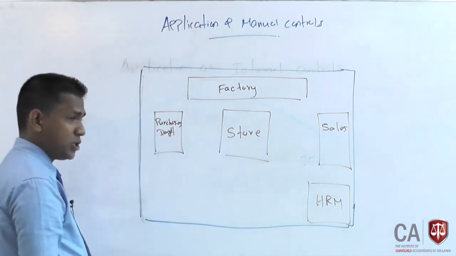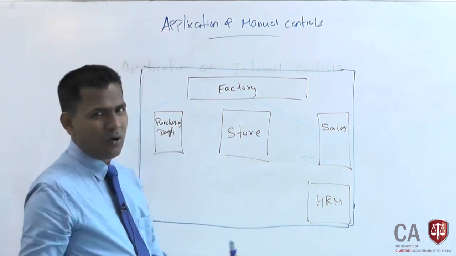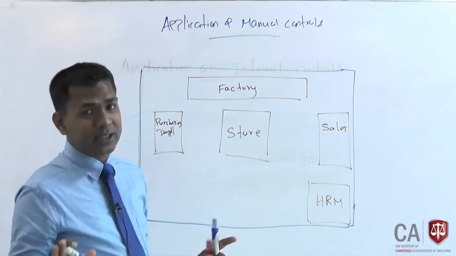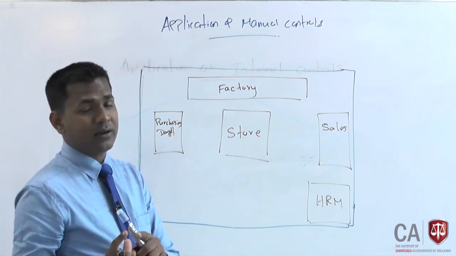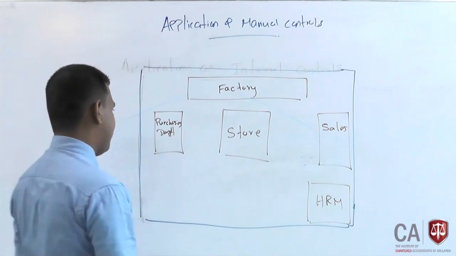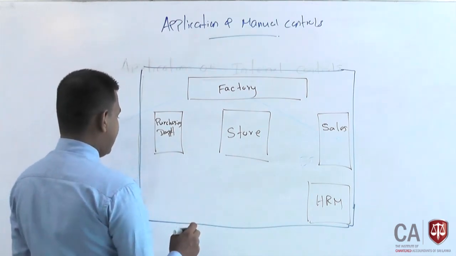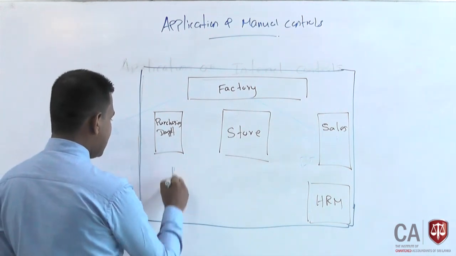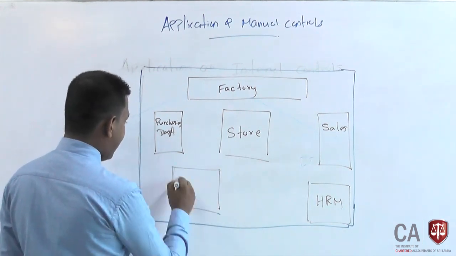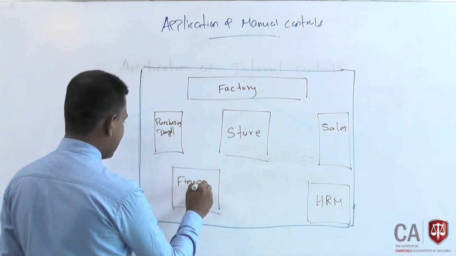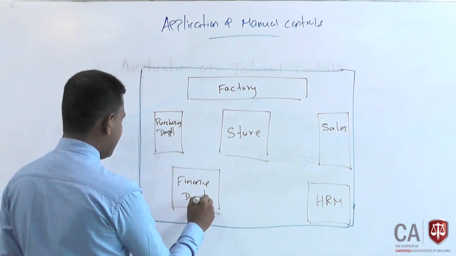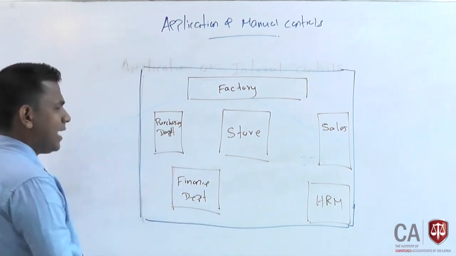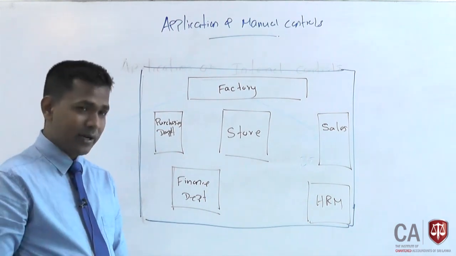There will be IT and others, but I am not going to talk about those. I am going to talk about the internal controls which are relevant to financial reporting. The next important division is the finance department. Likewise, there will be several departments within the business organization.